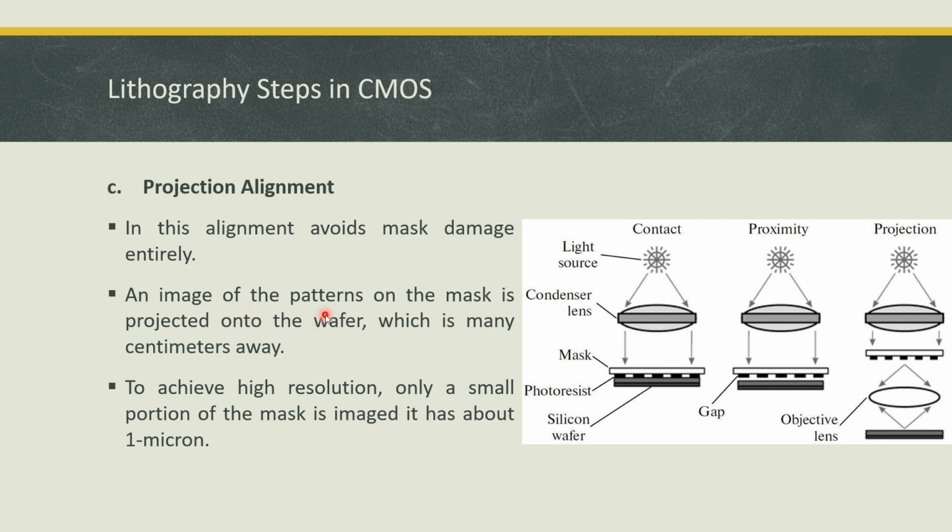An image of the pattern on the mask is projected onto the wafer, which is many centimeters wide, as I discussed already. To achieve high resolution, only a small portion of the mask is imaged, about 1 micron. So these are the various types of mask alignment.